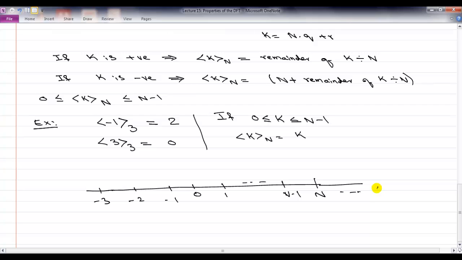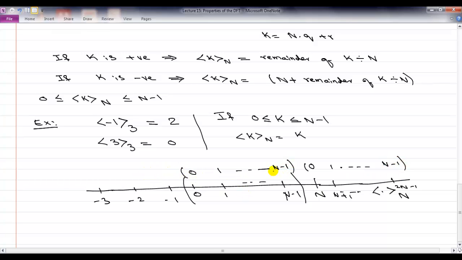And if I do a mod operation on this by n, what happens? Up to n minus 1, I get back the same number. So at 0, I get 0, 1, up to n minus 1. But at n, what do I get? I get back 0 again. It's just a periodic repetition of the same sequence, right? What is n plus 1? That is 1. And I keep on doing that. For example, 2n minus 1 will be n minus 1.